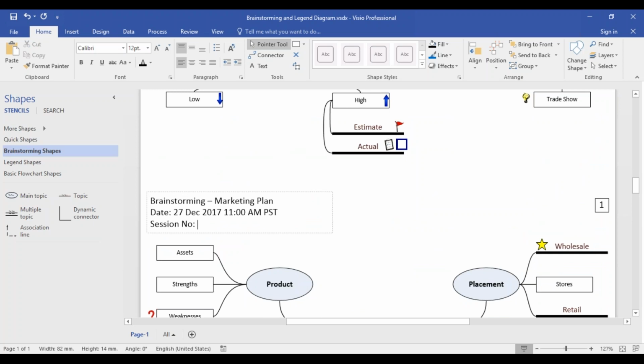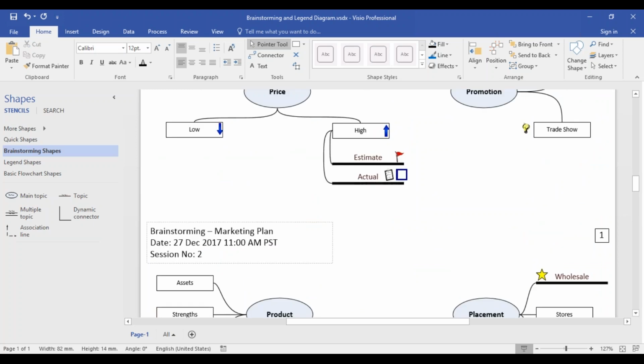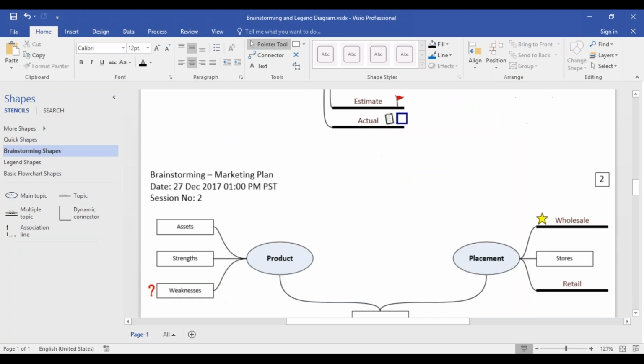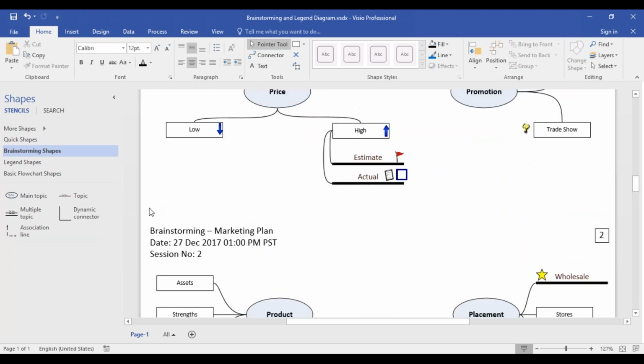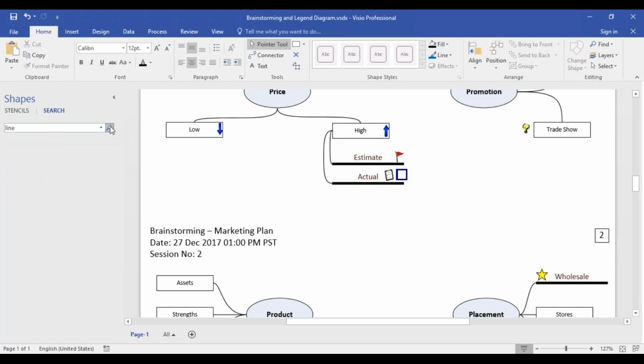First change this. Session 2, it's going to be a 1 p.m. session. Right? Drawing number is 2. Save the drawing. We're going to make changes to this, but before that, let's add a separating line. Click on search, type line, and click on the search icon.